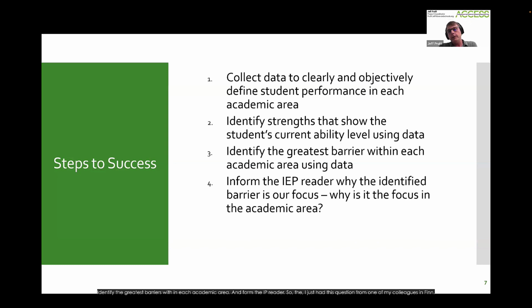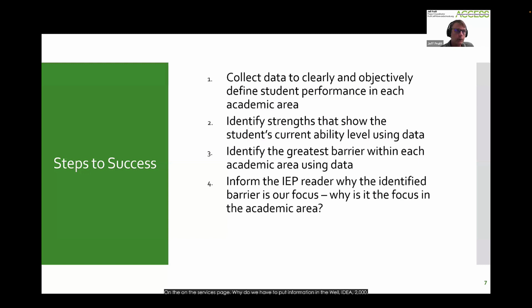Inform the IEP reader. I just had this question from one of my colleagues in Finn, concerning accommodations: why can't we just list an accommodation or support or a device on the services page? Why do we have to put information in a PLAF?